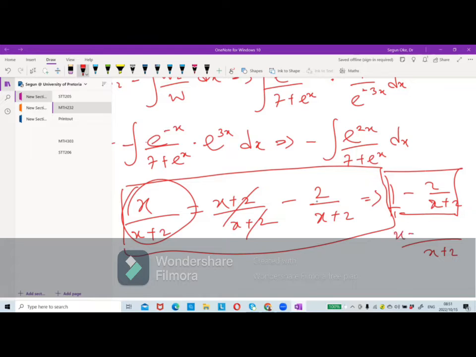We have 1. x plus 2 minus 2, this is 1, right? 1 multiplied by 2, I will have what? 2. So at the end of the day, this one will go with this, and I will still have x over x plus 2. That is what we are trying to get. I'm just trying to show that I can still get x over x plus 2 back using this method.